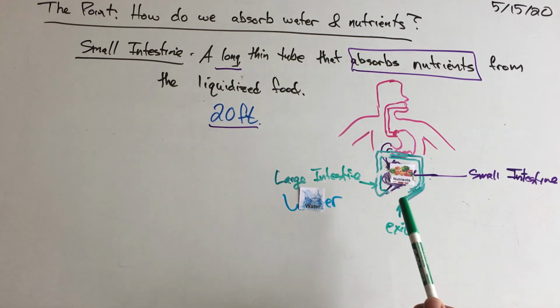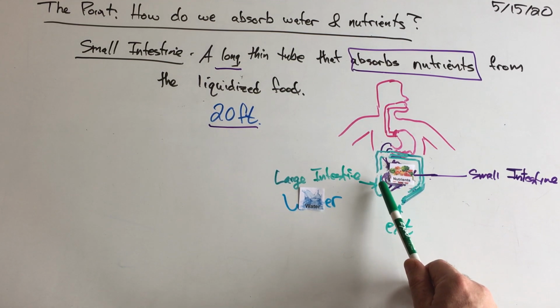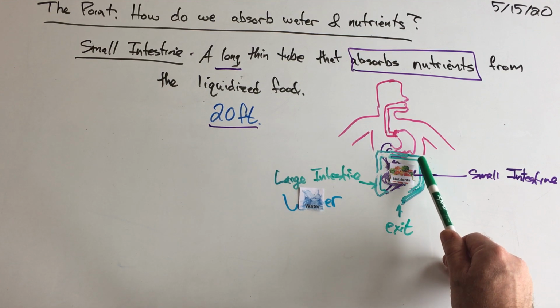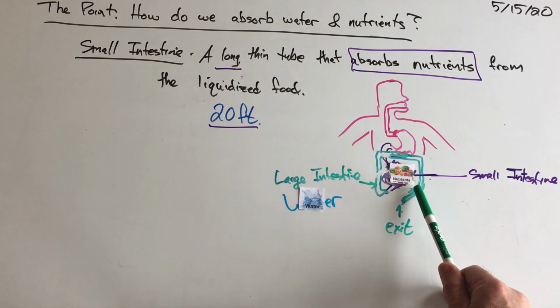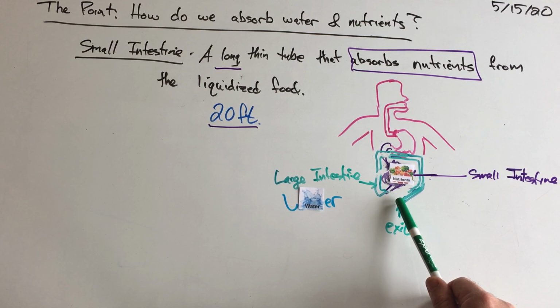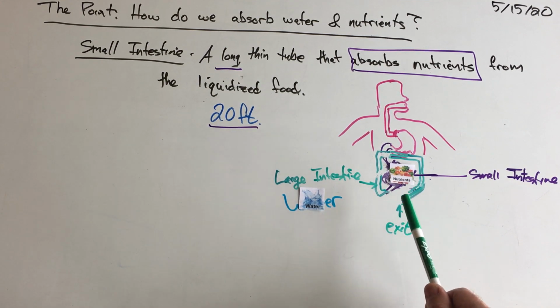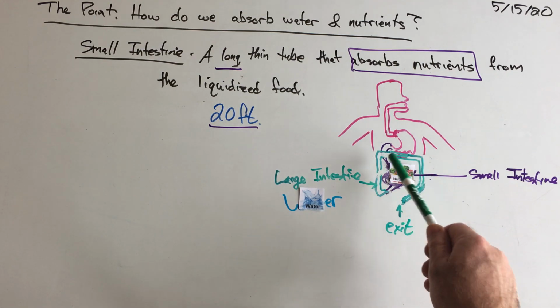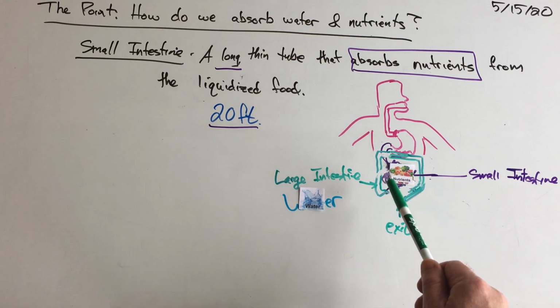What that means is if our large intestine does its job too well, if something goes too slowly through here and too much water is absorbed, then we are constipated, and we have hard briquettes that are painful to pass and really uncomfortable, and they can back up and cause problems further up the small intestine.